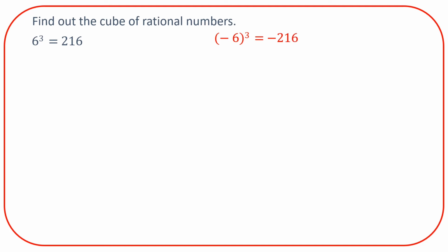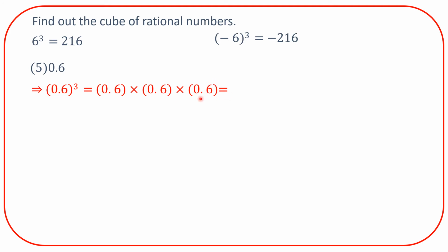Now observe the steps and examples carefully. Next example, 0.6. 0.6 cube is equal to 0.6 into 0.6 into 0.6. Here after the decimal, one place, one place, one place.